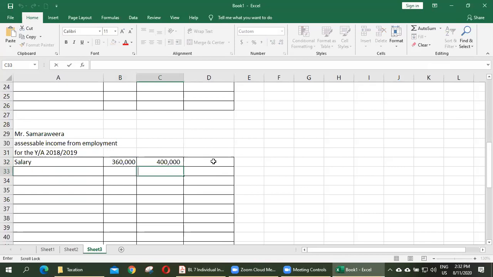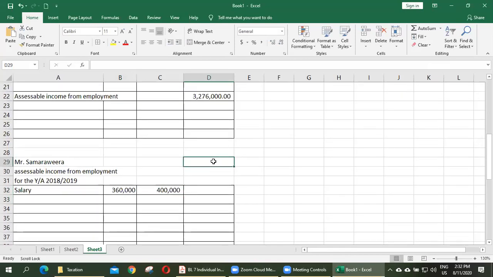and for the 12 months, how much? 400,000 into 12, 4.8 million. And the employer contribution to EPF, not taxable, right?